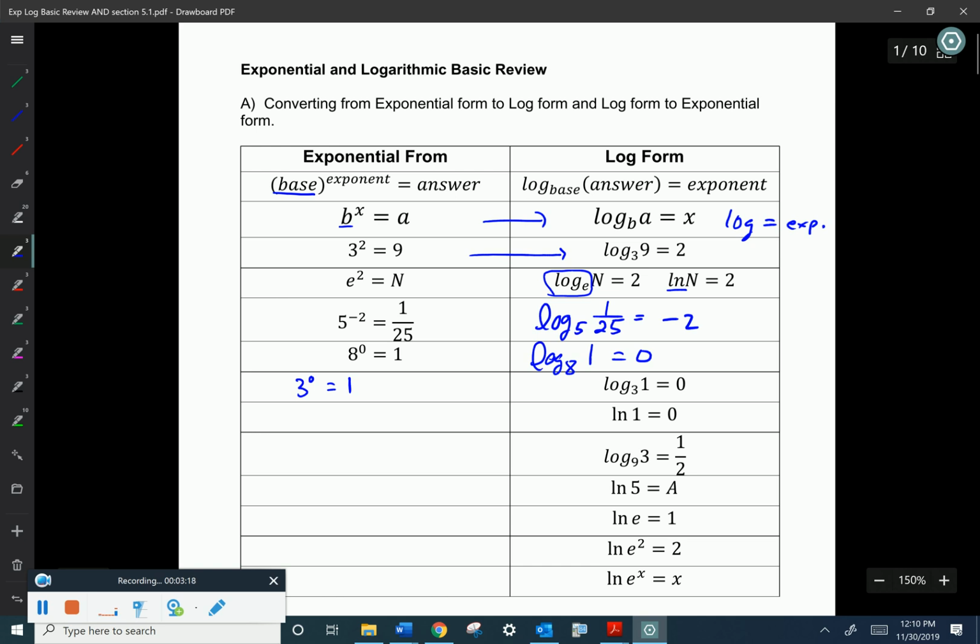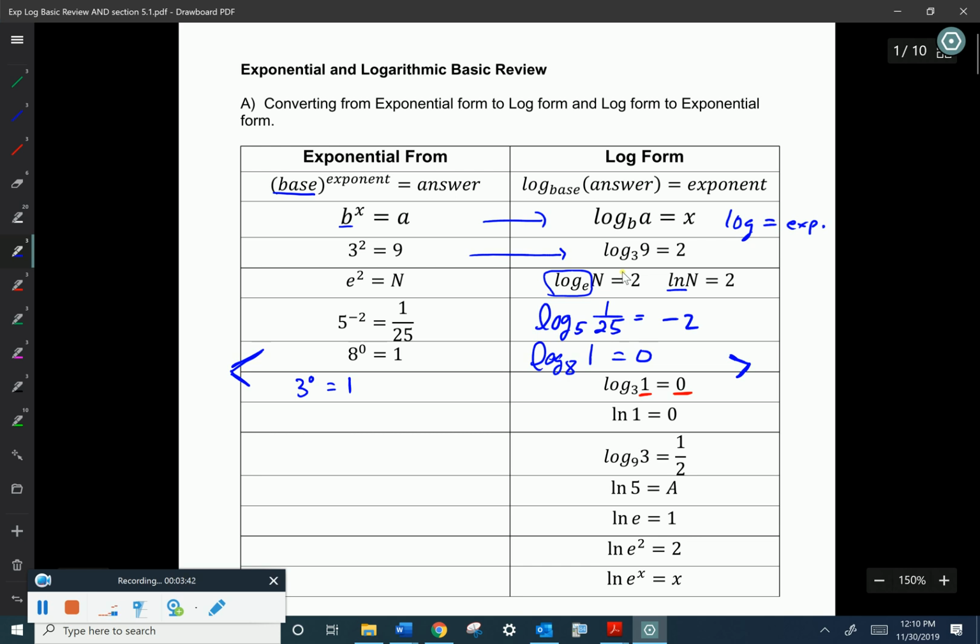And I'm hoping that you're noticing that these are very similar, right? I wanted to point out one of the little handy-dandy shortcuts that you need to remember forever: anytime you take the log of 1, the answer is always 0, which hopefully makes sense, because if the exponent is 0, the whole thing is going to equal 1. And the same thing is true even if we're talking about natural log, right?